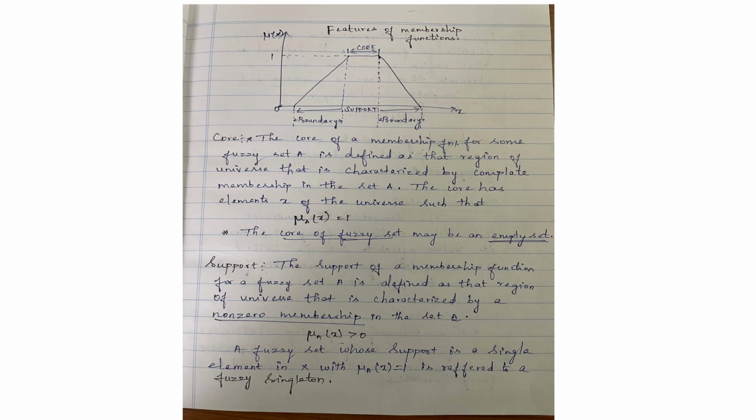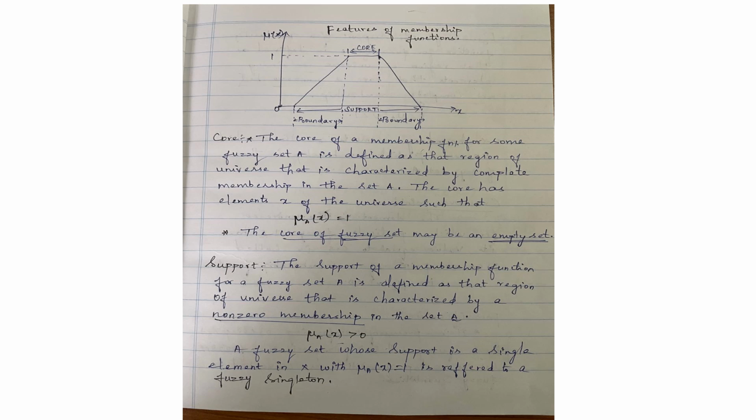Each element in X should have a membership value greater than 0. So in a set, if there are 5 elements, each of the 5 elements should have a membership value greater than 0. Elements of this type come under the support category.